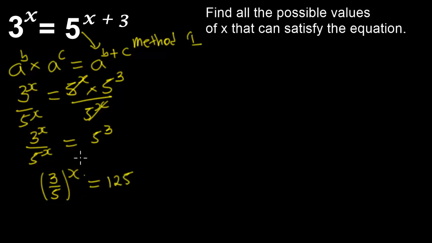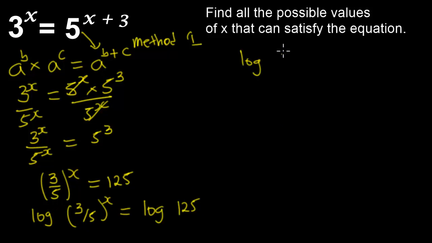From here, we want to make x the subject. And to be able to do that, we need to take logarithm of both sides. So now let's take log of both sides. So we are going to have log of 3 over 5 all exponent x is equal to the log of 125. So over here, we are going to choose a log to the base of 3 over 5, knowing that log of a base a is equal to 1.